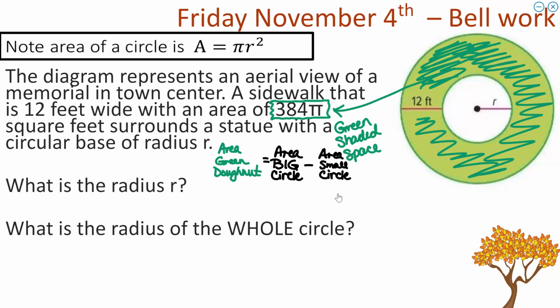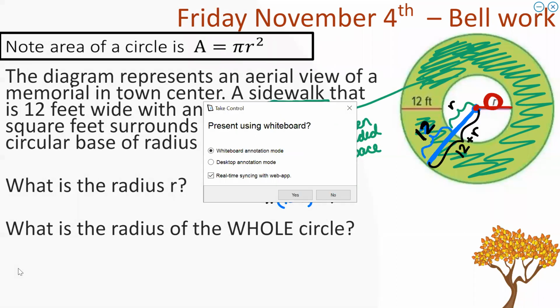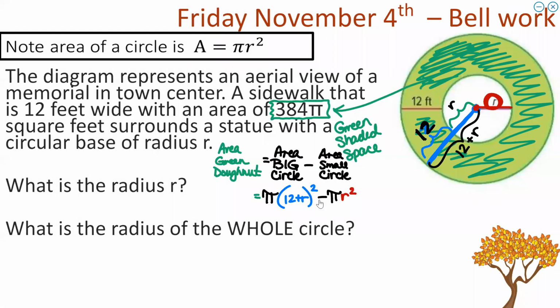Do I know the area of the big green donut? 384 pi, yes. If we can solve this, then we can find R. What operations are they asking me to perform on the right-hand side over here?